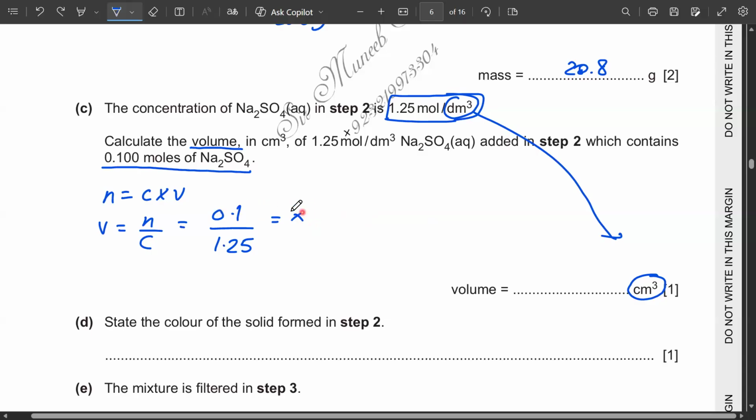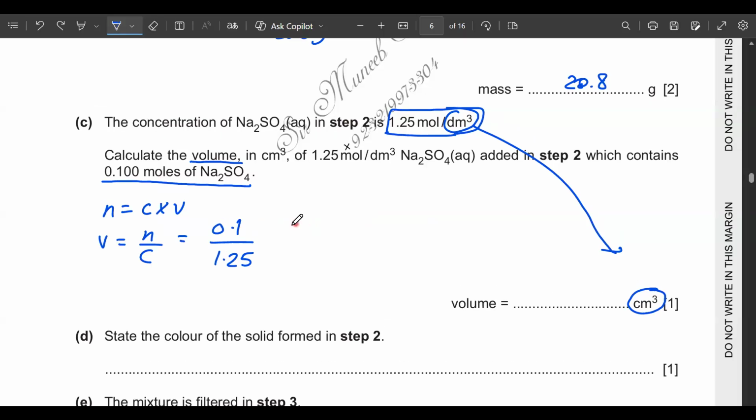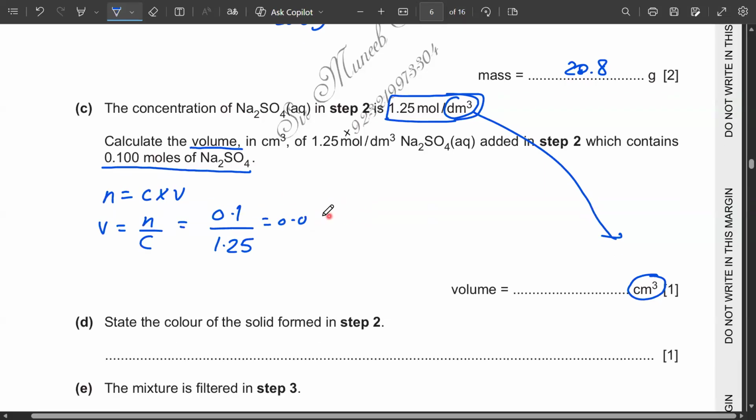Since the answer would be in decimeter cube, it is 0.08 dm cube. Now multiply this value with 1000, it will be equal to 80 centimeter cube.